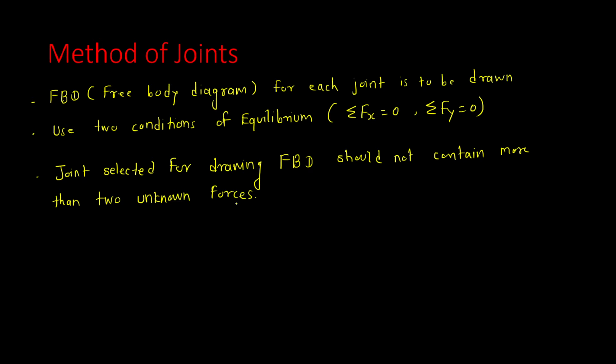So maximum there should be two unknowns present at a joint.